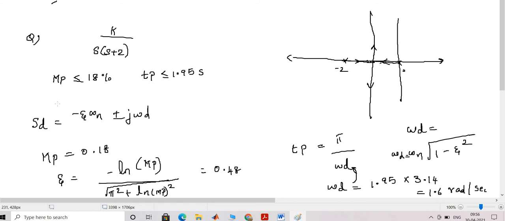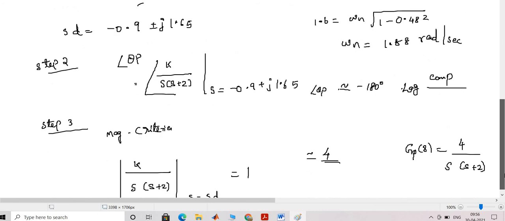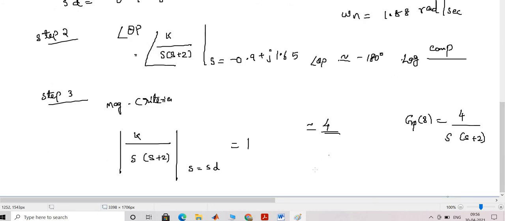The time domain specifications are there, and there is another specification, that is Kv, the velocity error constant. In the question they have given the velocity error constant, which should be equal to 10 per second. So we have to find the velocity error constant also.